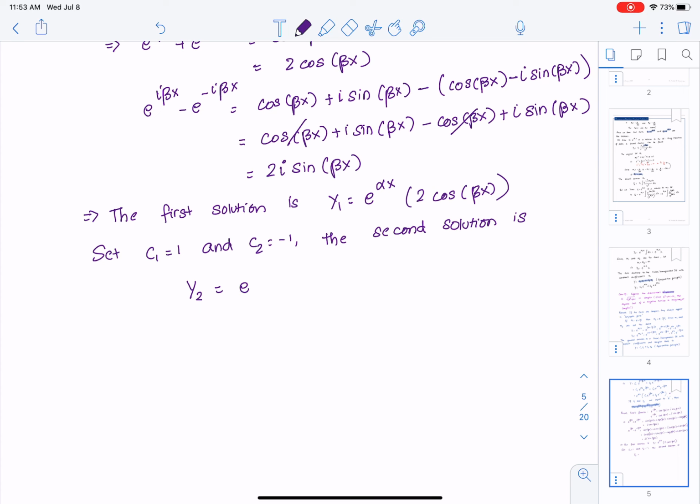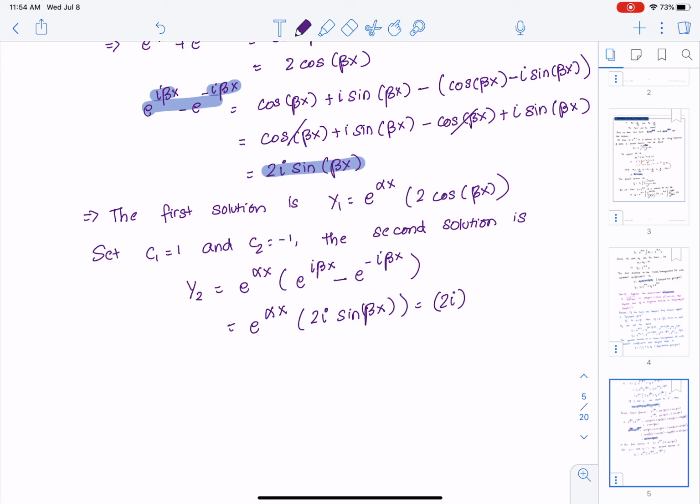I would have e raised alpha x multiplied by e raised i beta x minus e raised minus i beta x. But from Euler's formula, I know that that is equal to that term. So e raised alpha x multiplied by 2i sine beta x. So the solution is 2i e raised alpha x sine beta x.